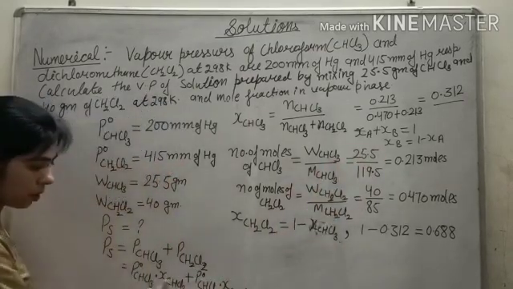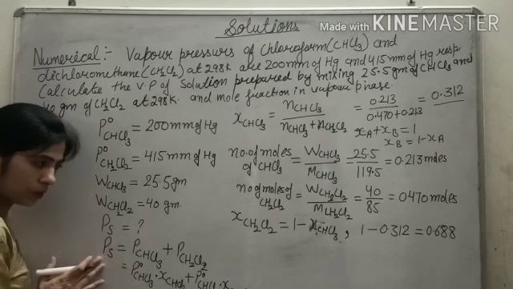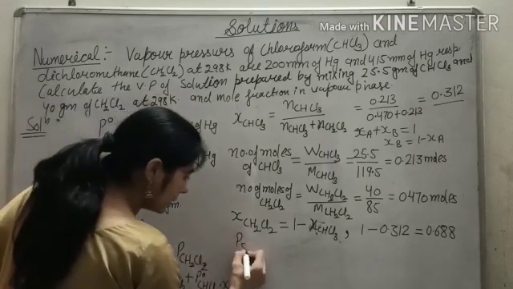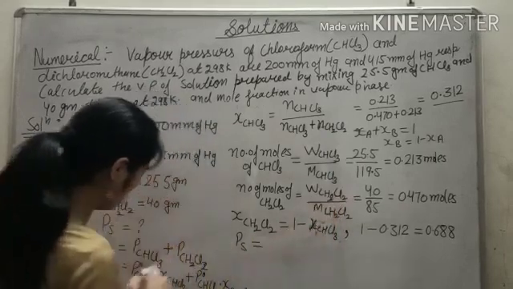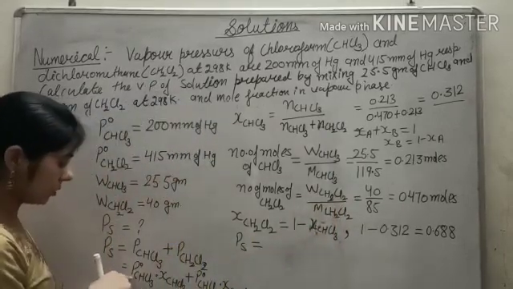Okay, now put all these values in this formula. So PS is equal to, what is the P naught CHCl3?